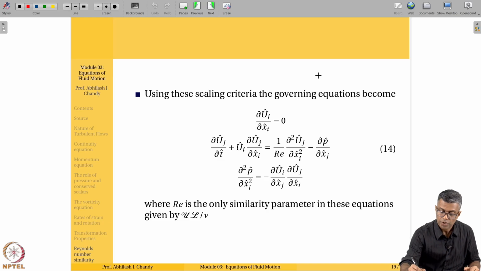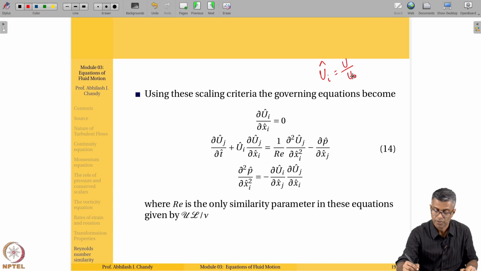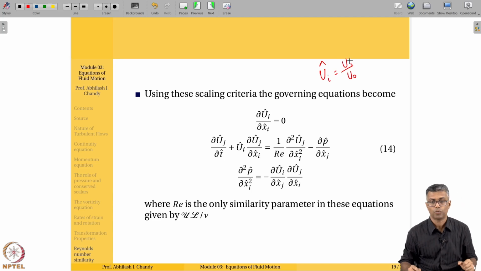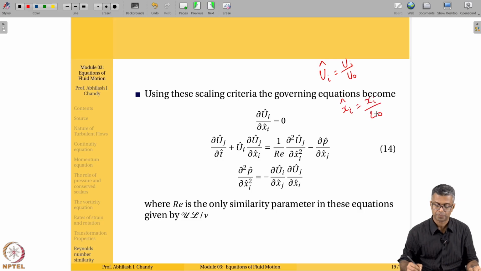I will take u hat, the i component, u_i hat is u_i over some scaled constant velocity u0. So this is u_i over u0. Then the same way I will scale my x as well. So x_i hat is x_i over L0.